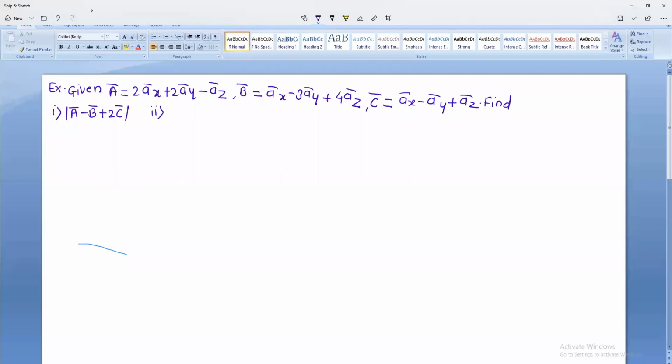Then second, the unit vector along a bar minus 2c bar. Then third, b bar dot c bar.